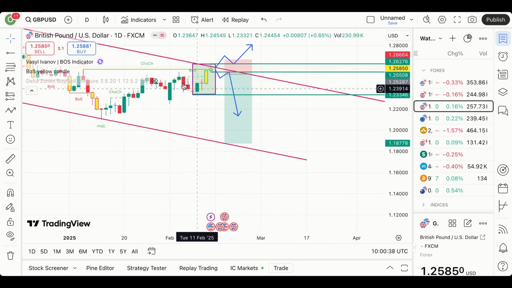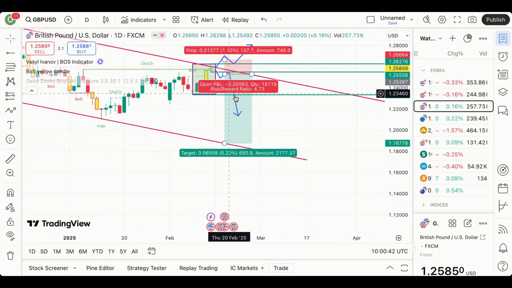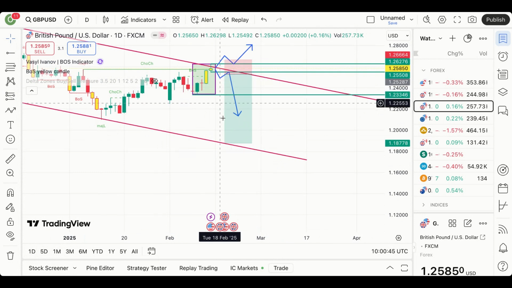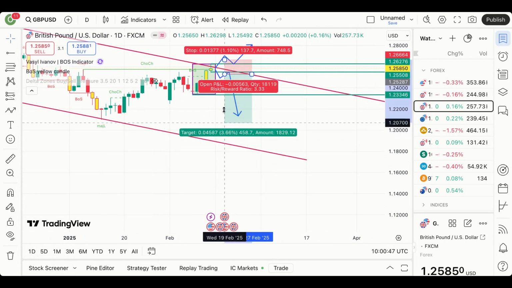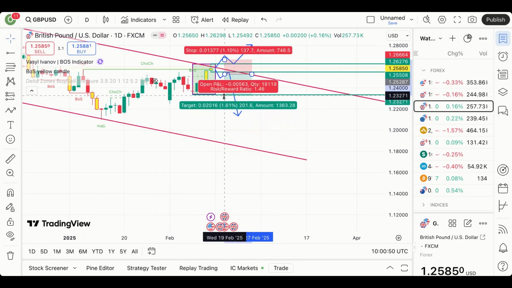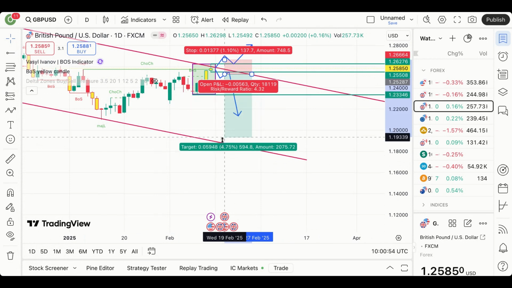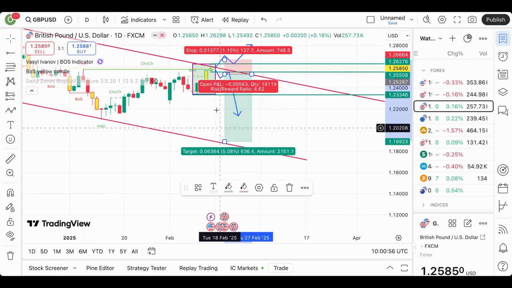So if we see any candle breaking towards this end, I'll look to sell to this area, which is almost 200 pips. And once it breaks there, definitely it is coming downward to this area.